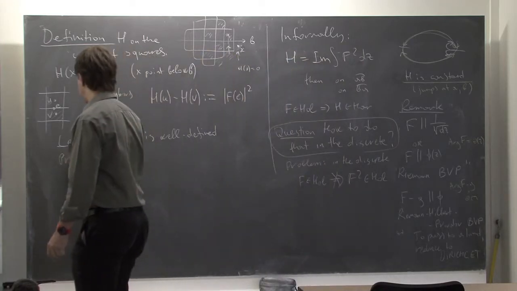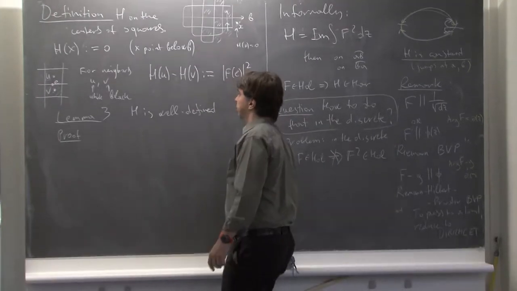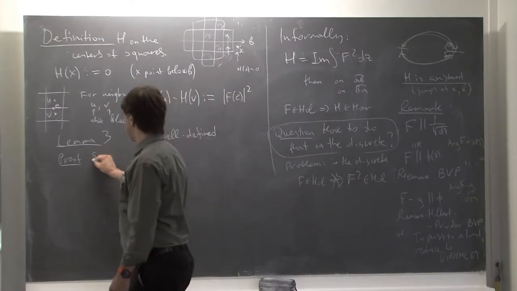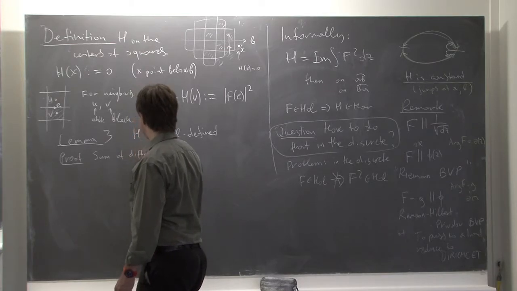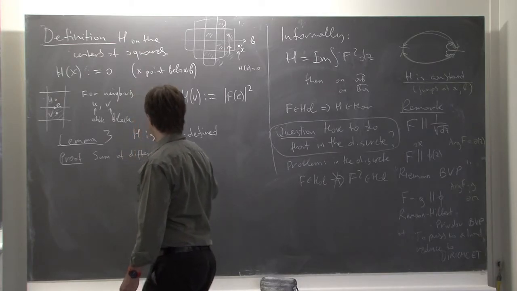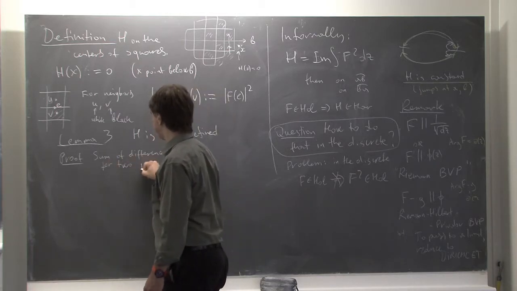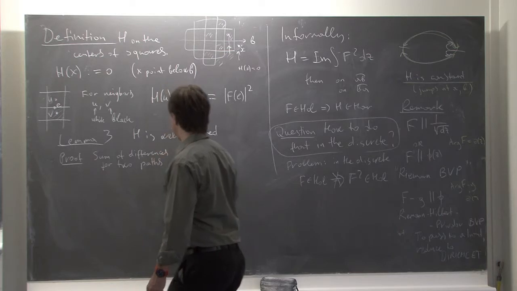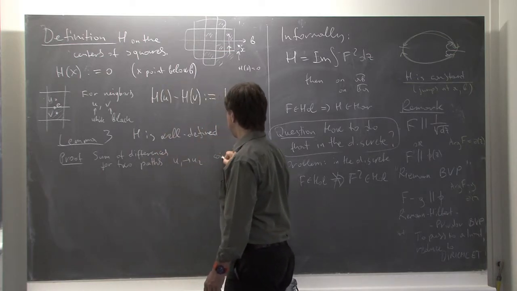So, proof. We need to show that the sum of differences for two paths from U1 to U2 coincide.